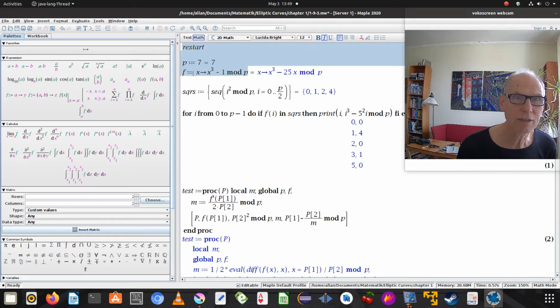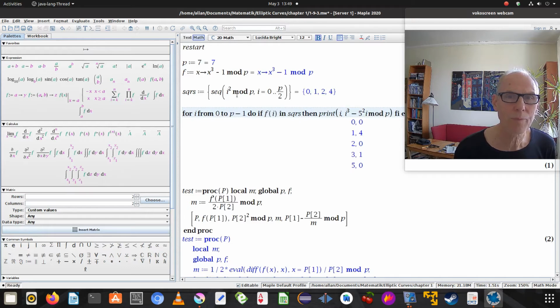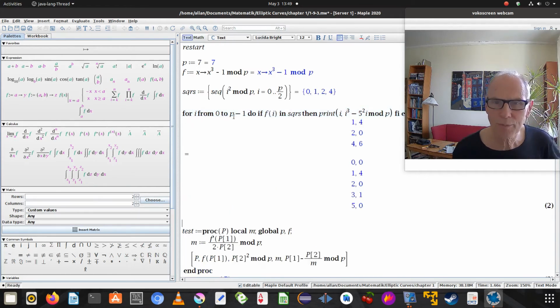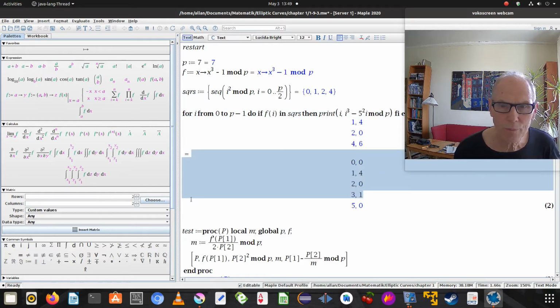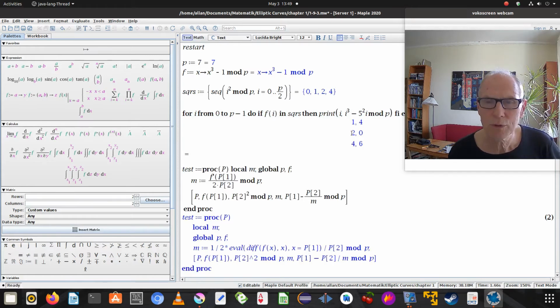And let's get the squares: 0, 1, 2, 4. And then the number of points on the curve: 1, 2, 3, 4, 5, and then the point at infinity, 6.